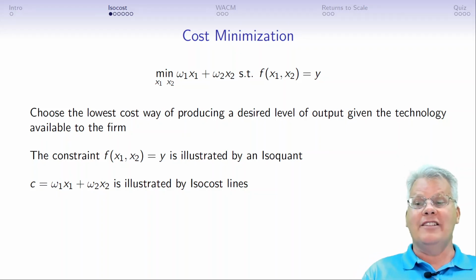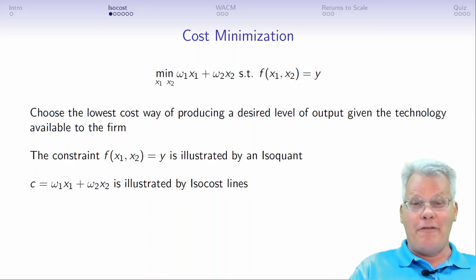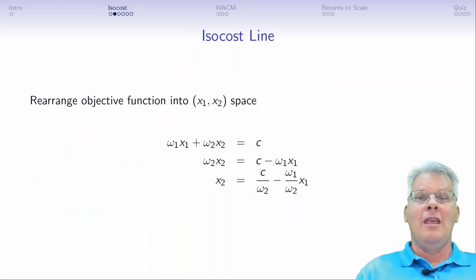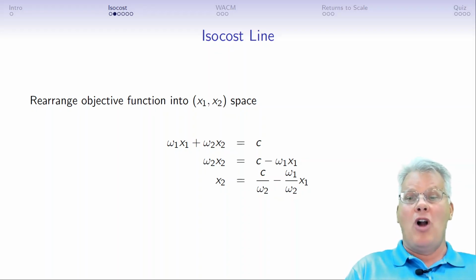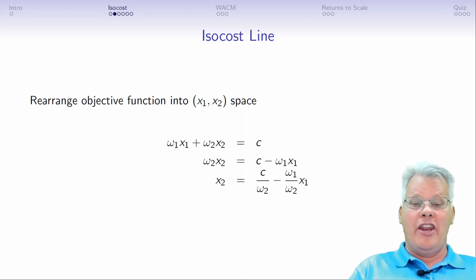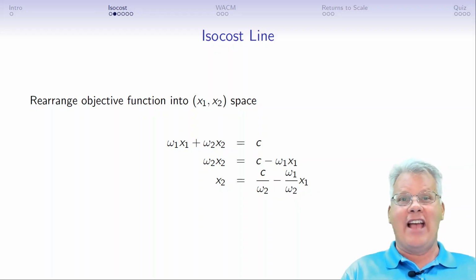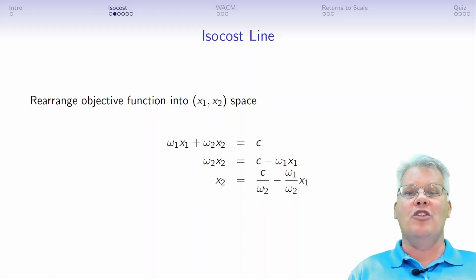So total cost is equal to the dollars that the firm spends on factor 1 plus what they spend on factor 2. Now, to plot an isoquant and an iso cost in the same graph, you remember isoquants were plotted with the factors x1 and x2 on each axis. x1 was the horizontal variable, x2 was the vertical variable.